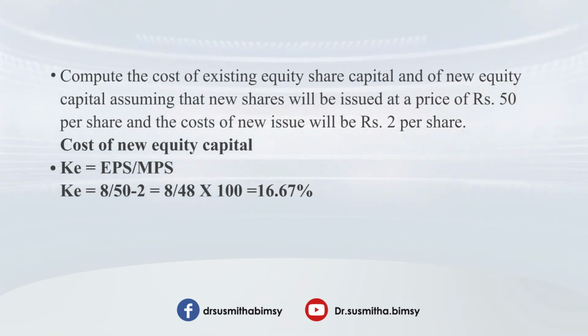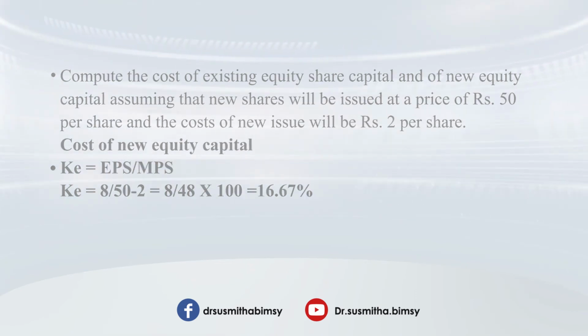The new shares will be issued at rupees 50 per share and the cost of new issue is rupees 2 per share, so we have to deduct that rupees 2 from the 50. So when we apply it in the equation, 8 divided by 48 into 100, you will get 16.67%.